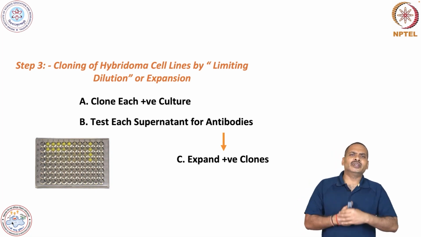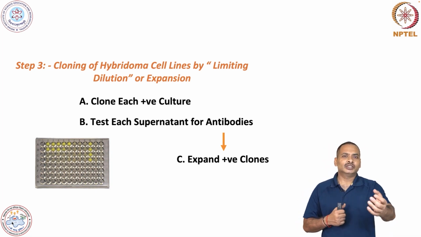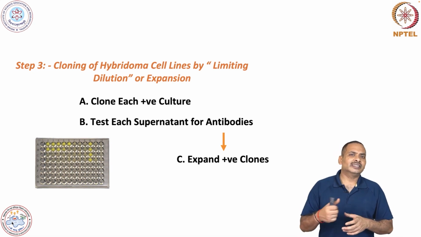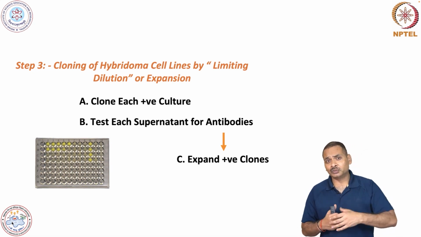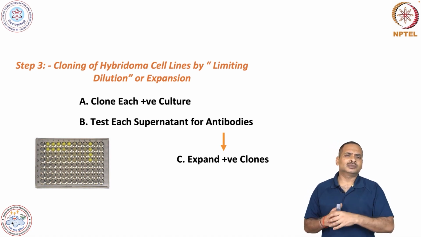There are several ways by which you can expand these cells and make this antibody. One is that you inject these cells into the peritoneum of mice, along with some agent.